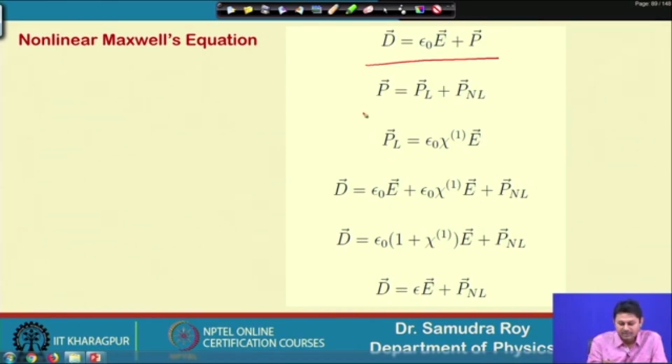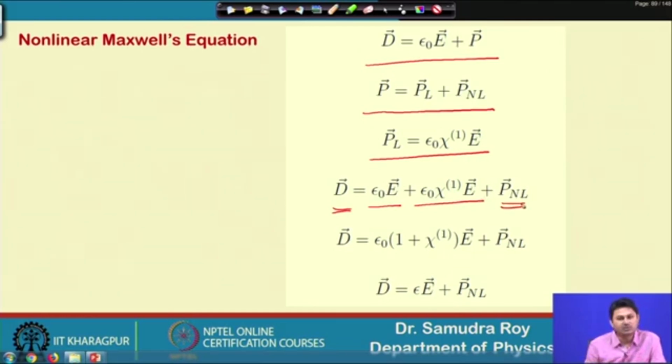Now, the polarization can be divided into two parts. One is the linear part, and another is the nonlinear part. The linear part is proportional to the electric field as usual, and in that case D can be represented as epsilon 0 E plus epsilon 0 chi 1 E, which is the P linear term, and then the P nonlinear term.